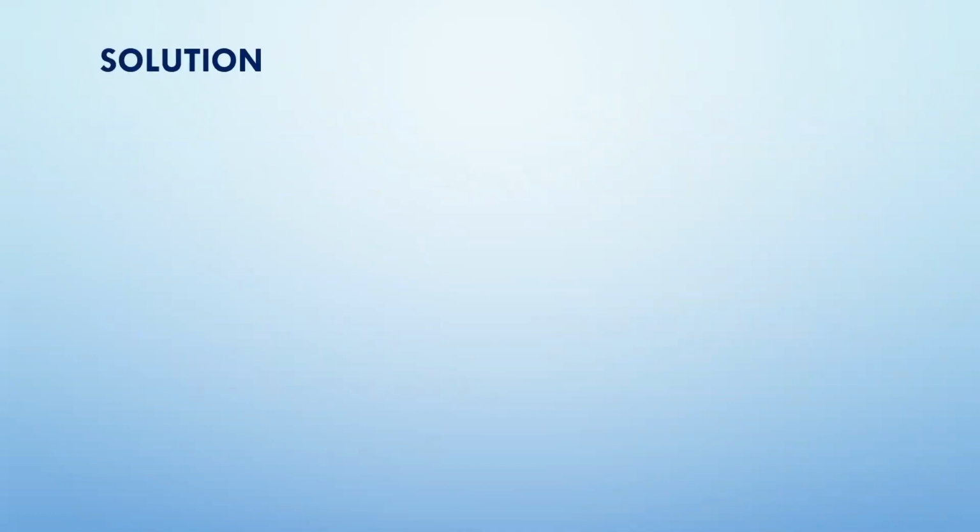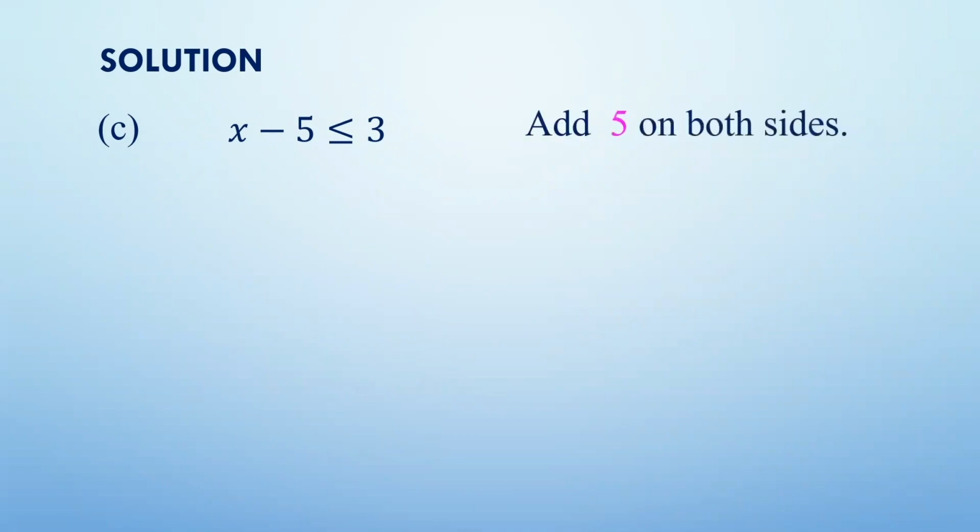Part C. x minus 5 less than or equal to 3. So the additive inverse of -5 is 5. I add 5 on both sides of the inequality. And I get x less than or equal to 8.